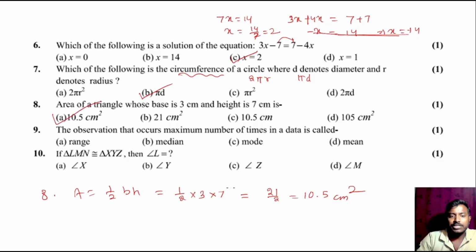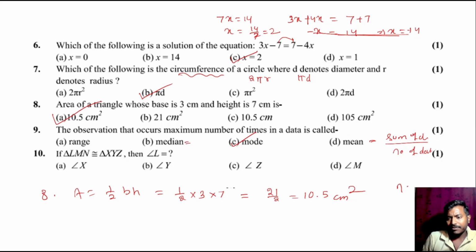Okay. Next question. The observation that occurs the maximum number of times in a data is called dash, that is mode. Then what is mean? Mean means sum of the data divided by number of data. Median means the middle term.